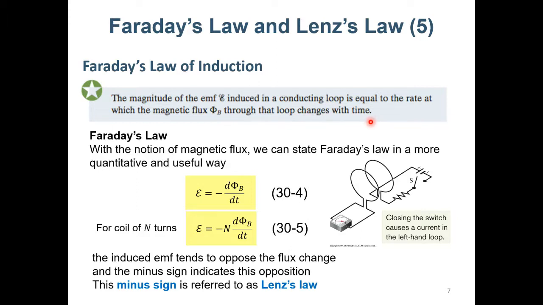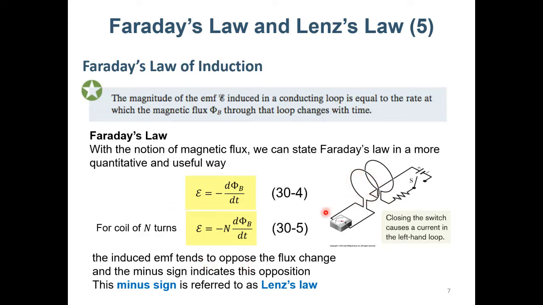So Faraday's law says the electromotive force is equal to the negative of the first derivative of the magnetic flux, which means when the magnetic flux is increasing, it will induce a negative electromotive force.